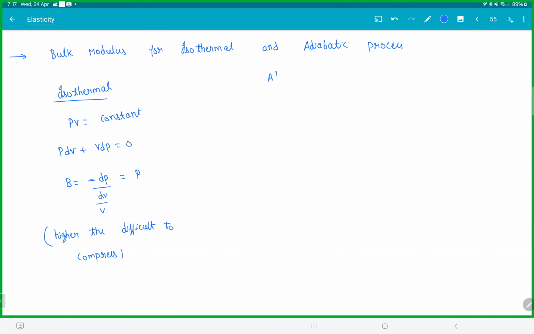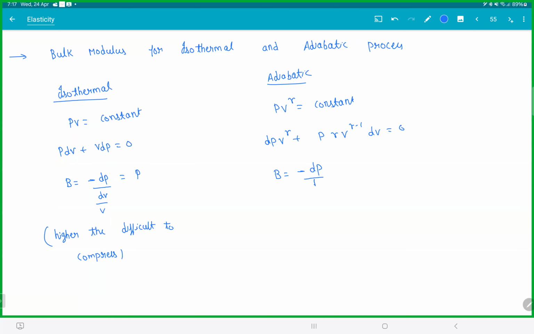Same thing if you do with the adiabatic process. We know in the adiabatic process PV to the power gamma is constant. If you differentiate this, dP V^gamma plus P gamma V^(gamma minus 1) dV.